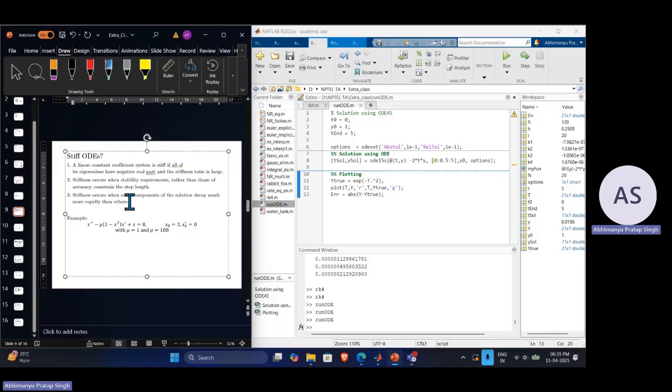So all of these three basically mean the same thing. If the ratio of the negative real parts of the eigenvalues is very large, then that means one of the time series is decaying very rapidly as compared to the other.